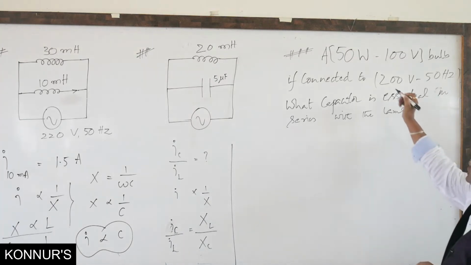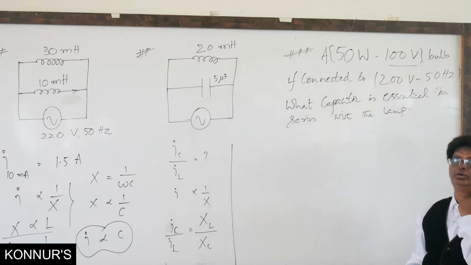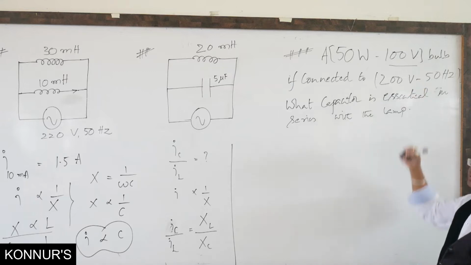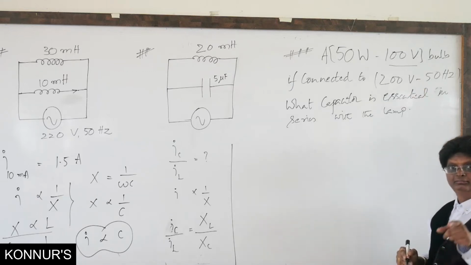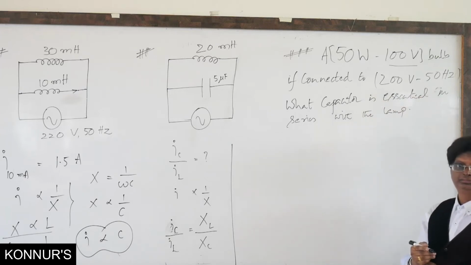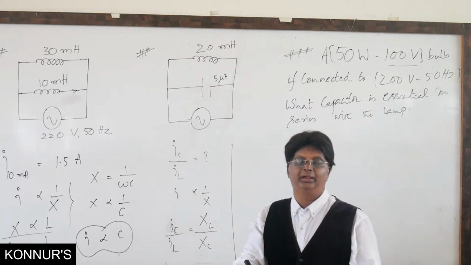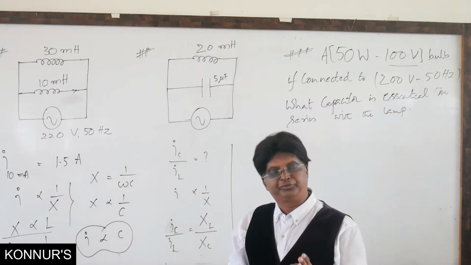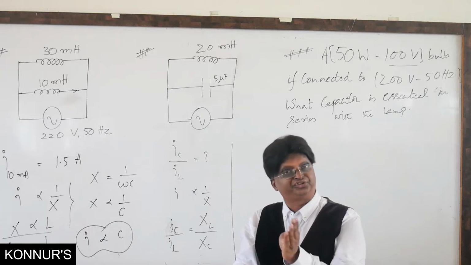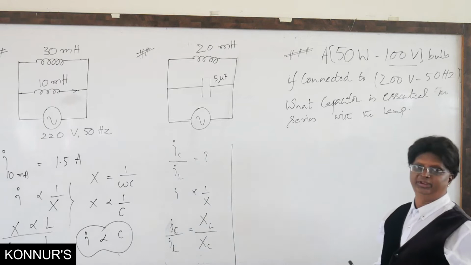Because the bulb has a voltage rating of 100 volts. Therefore the voltage across the bulb should not exceed 100 volts, whereas the given source is of 200 volts. Therefore 100 volts is excess, and this excess voltage should be shared by some other device, and to share the voltage it should be a series combination.